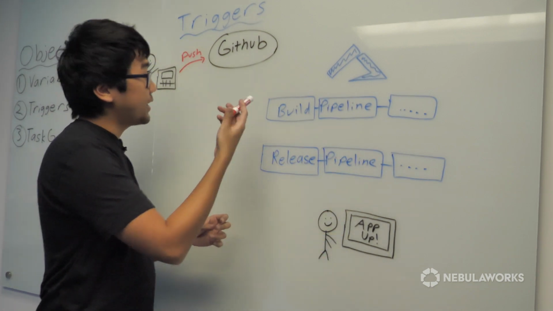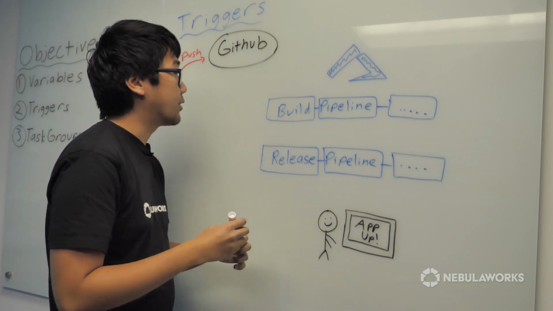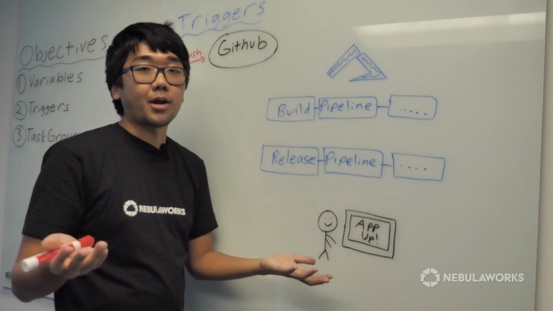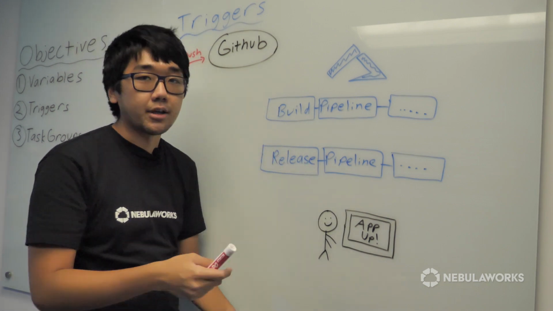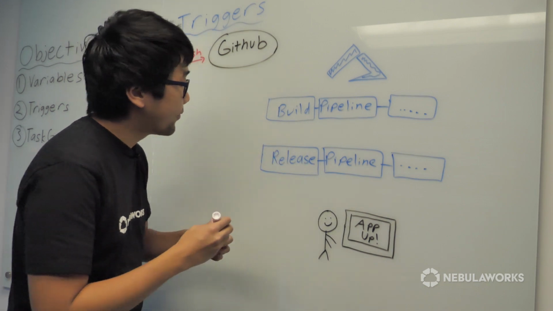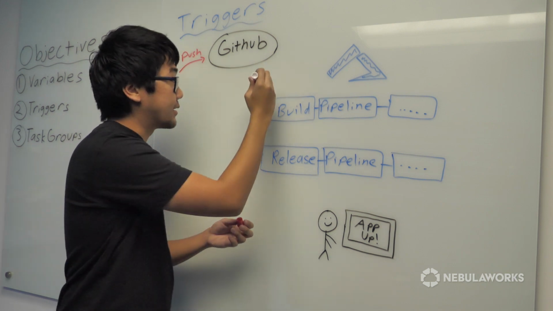So let's say in our Azure DevOps environment we made a build pipeline, and we're like, okay, what do we do in order to connect the build pipeline so that we can connect to our code? Well, as I mentioned before, we would use something called a webhook, or in this case, a trigger.